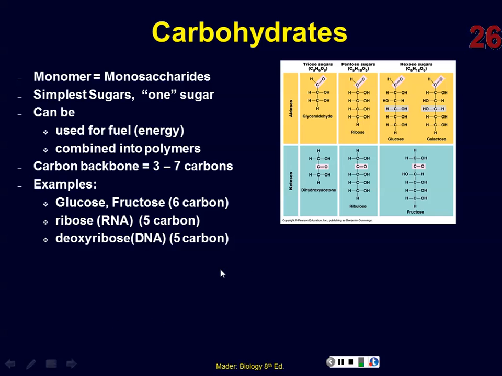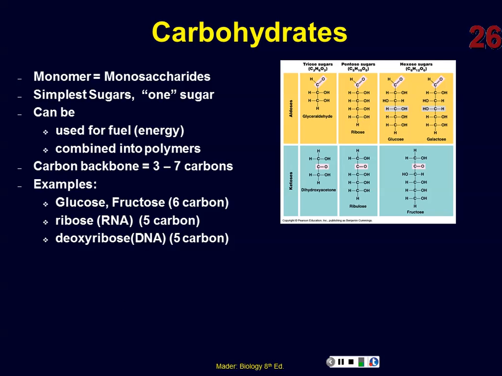These are sugars. We find those in DNA and RNA. Both of those sugars have 5 carbons. And go ahead and write down in your notes beside that, a 5-carbon sugar is called generically a pentose sugar, pentose.